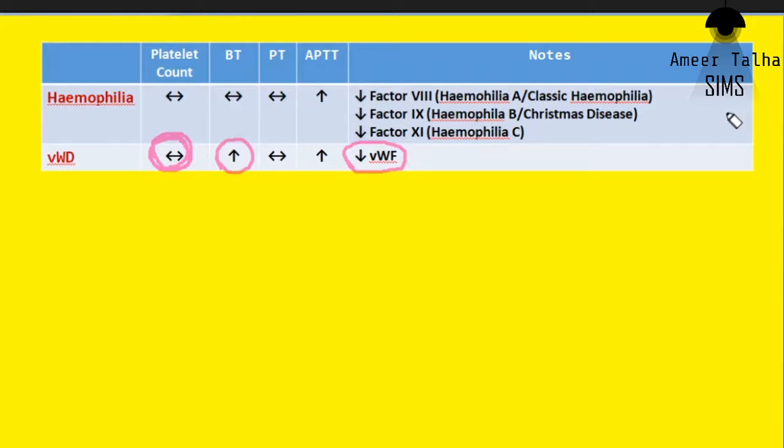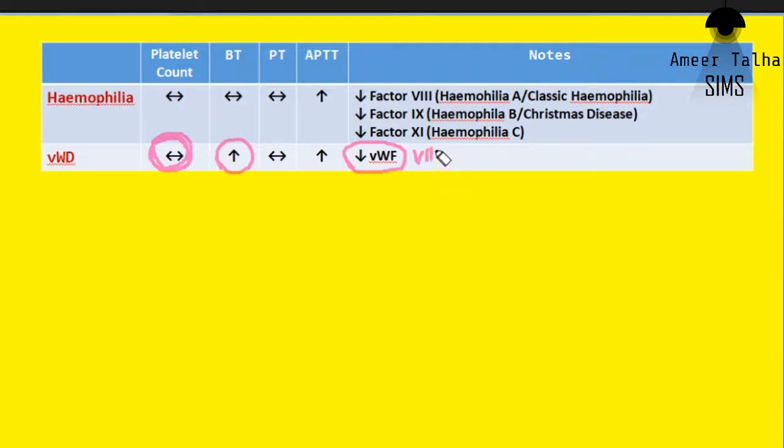Why is PT normal in VWD? In VWD, which factor is missing or deficient? VWF, and this is related to which clotting factor? Factor 8. Do you remember the VWF-factor 8 complex?